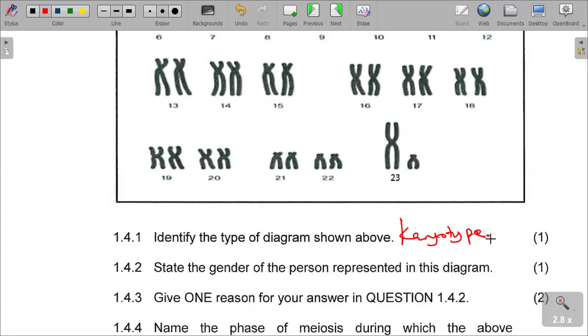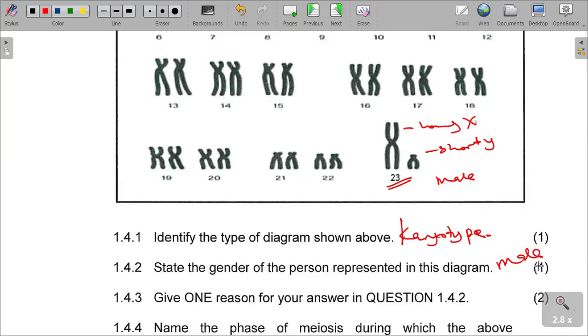We have our sex chromosomes, pair 23, with the long X and the short Y chromosome. Therefore, this is a male karyotype.